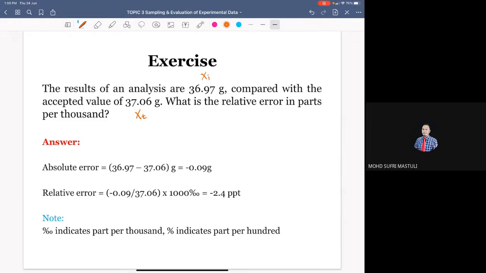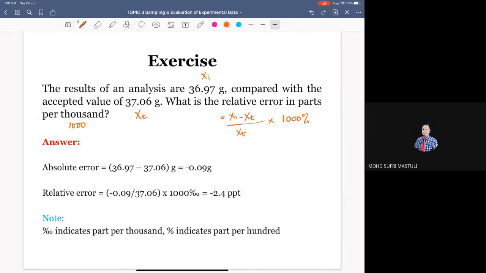So relative error is the experimental value minus true value divided by true value, times 100, but this one is per 1,000.